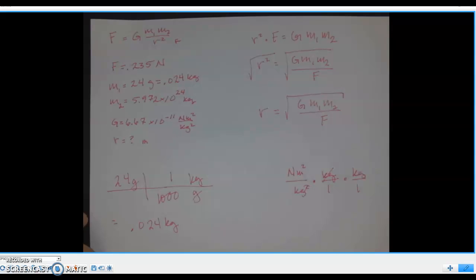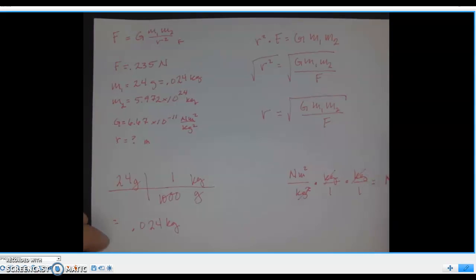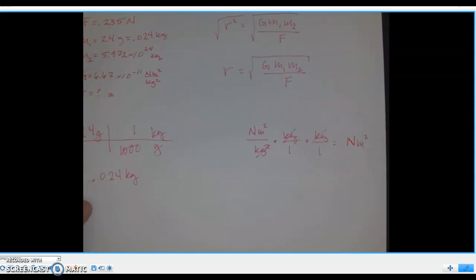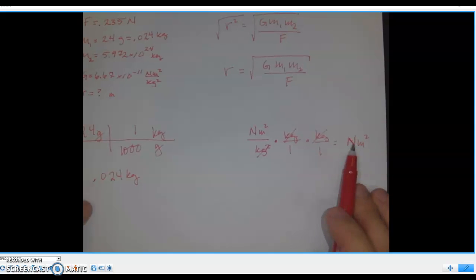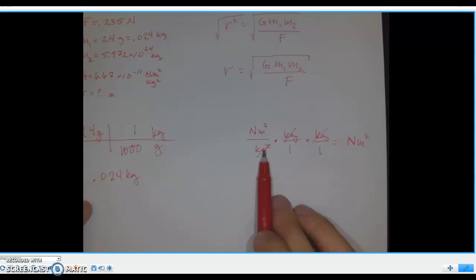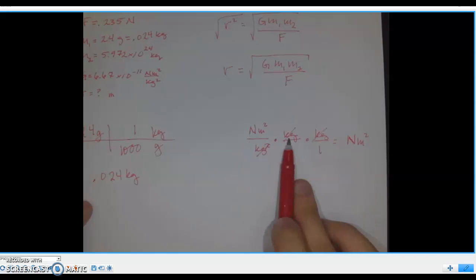That cancels with one of those, and then the second one there. So on the top of my fraction, inside the radical, I have a Newton meter squared. Now I can lay out what that Newton is, but I want to see if that's necessary before I do that, because it was convenient not to have that all broken out here.